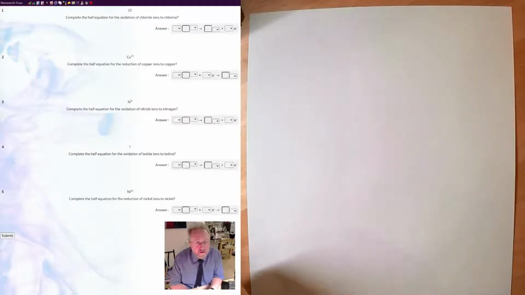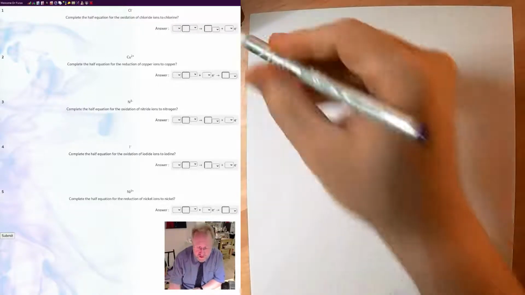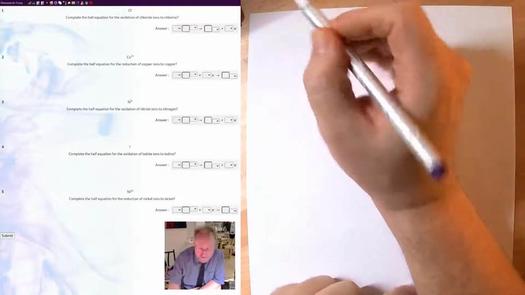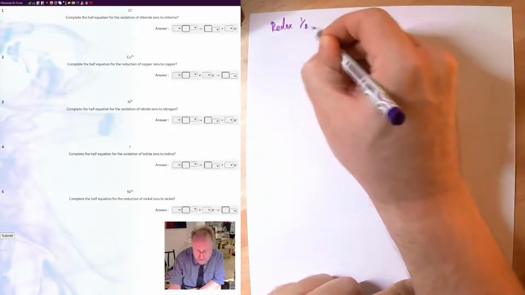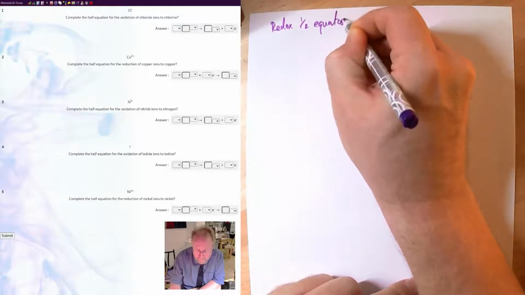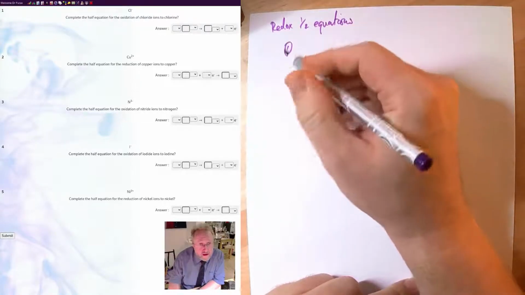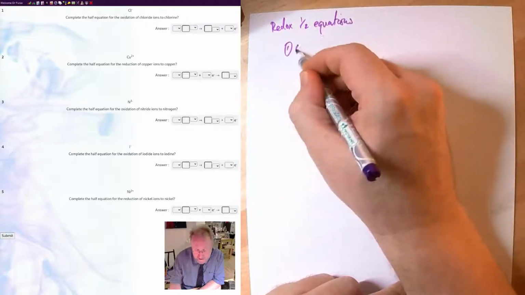Okay, so now we're going to go through how to write redox half equations. You need to know two things in order to write the half equation. The first thing you need to know is the charge on the ion.